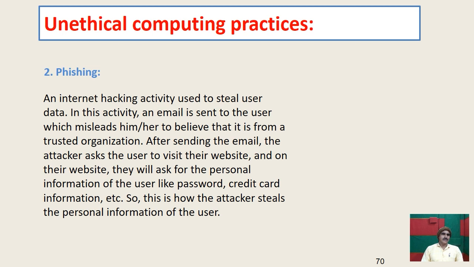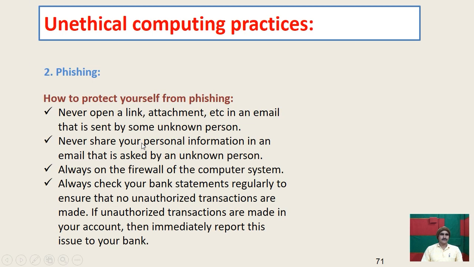After sending the mail, the attacker asks the user to visit their website, and on their website they ask for the personal information of the user like password, credit card information, etc. So this is how a hacker steals the personal information of the user. So it is phishing, an unethical practice.